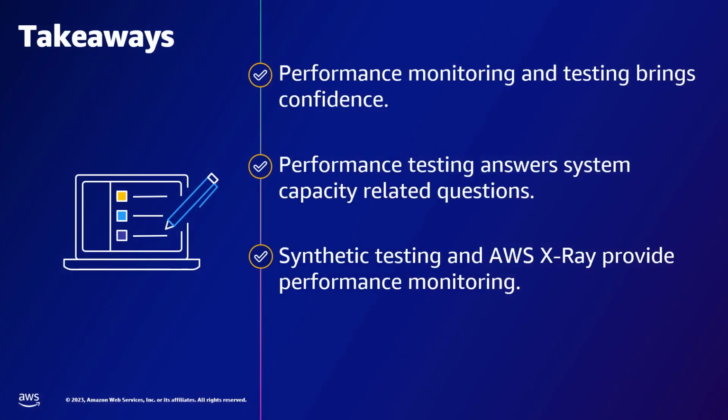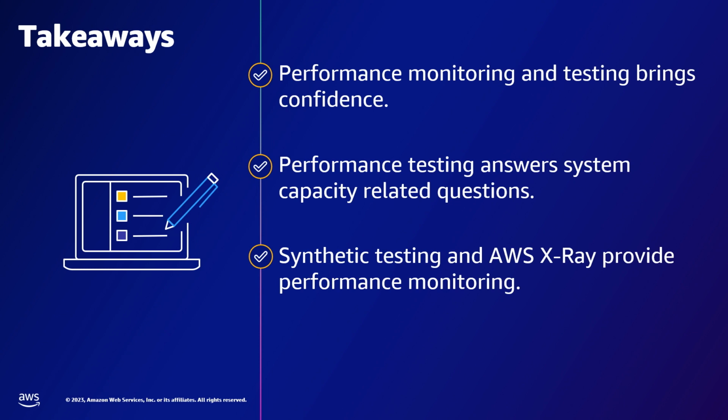Now, before I go away and work on fixing my application, let's take a look at the key takeaways from this session. First, performance monitoring and testing would bring confidence to the team when software accelerates. And there are methodologies we can leverage to make sure our end users are having a good experience.